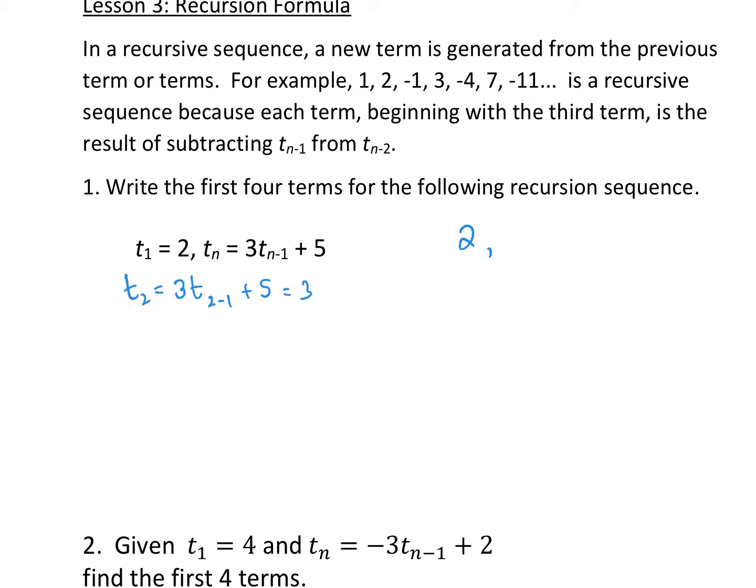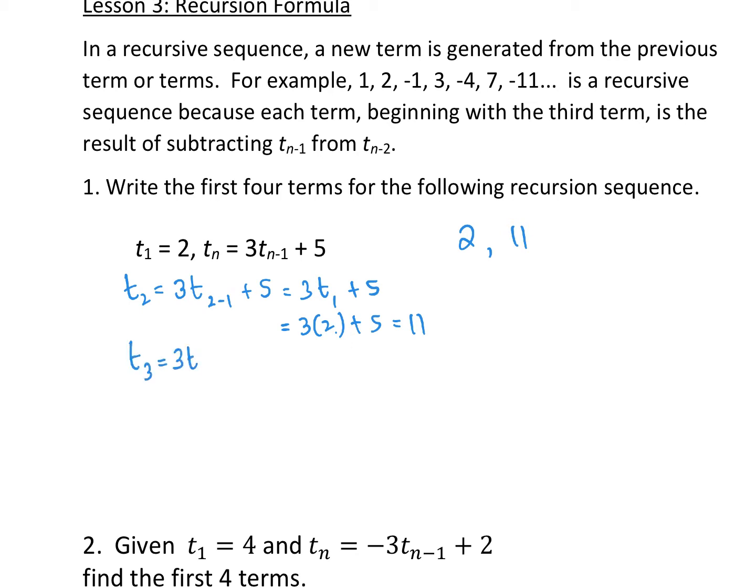2 minus 1 is 1. So in order to get the second term, I'm going to do 3 times the first term and then add 5. The first term was given as 2, so the second term is 3 times 2 is 6, plus 5 is 11. To find the third term, I'll put it in the formula.